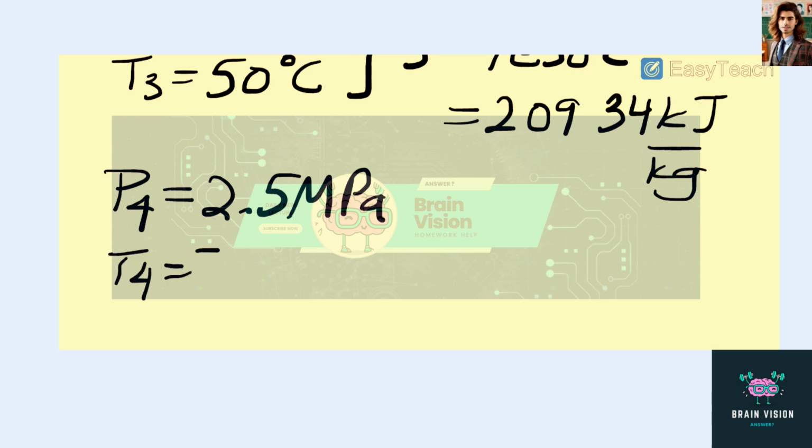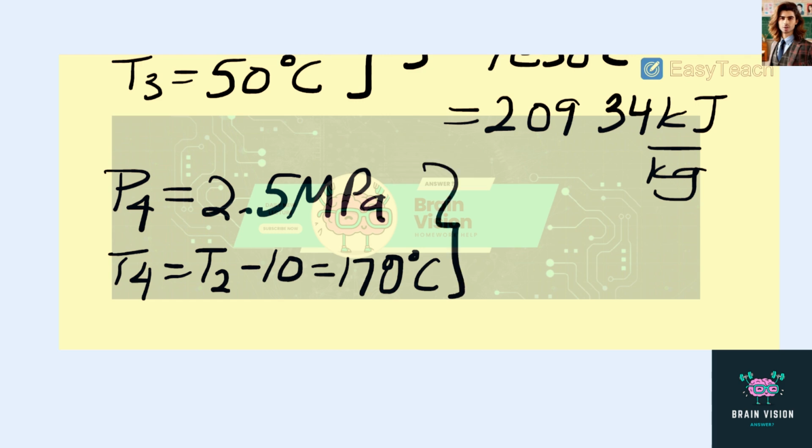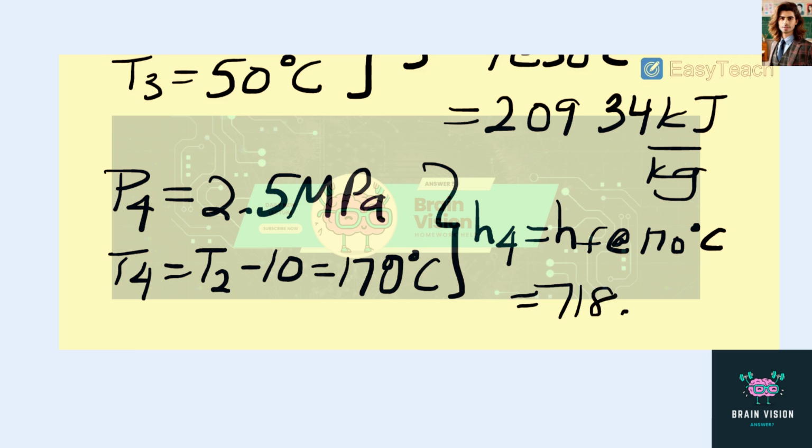Therefore, the exit temperature of the feed water is 180 minus 10, which is 170 degrees Celsius. And by using these two quantities, we can look up the exit enthalpy, H4, which is HF at 170 degrees C, which is equal to 718.6 kilojoules per kilogram.